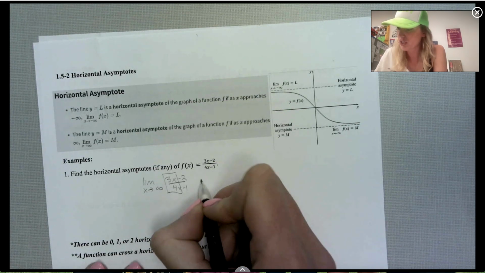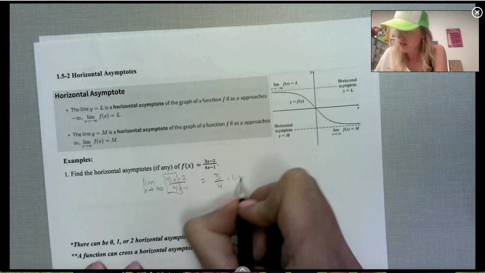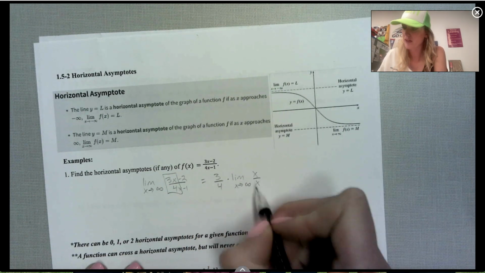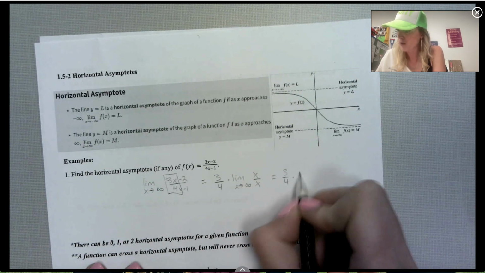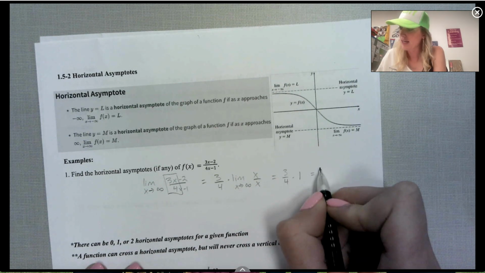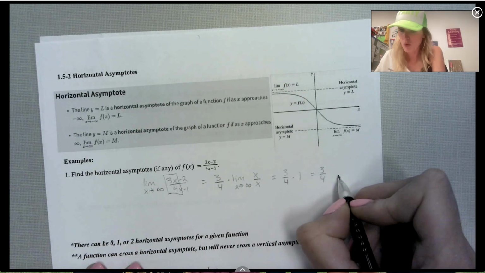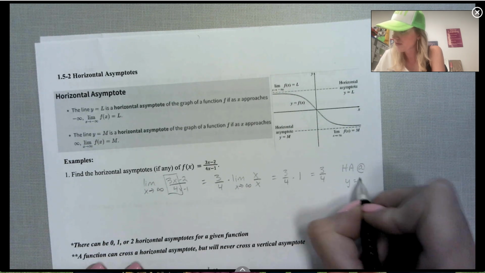So these coefficients, 3 and 4, can come out front and multiply by the limit as x approaches infinity of x over x. Well, we know that that's going to be 1, so we get 3/4 times 1. So my limit is 3/4. So what that means is we have a horizontal asymptote at y equals 3/4.